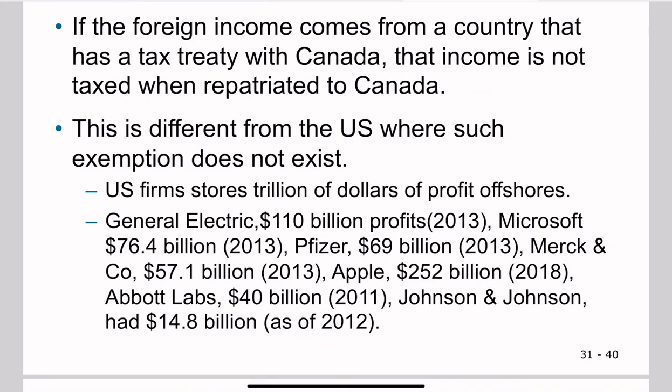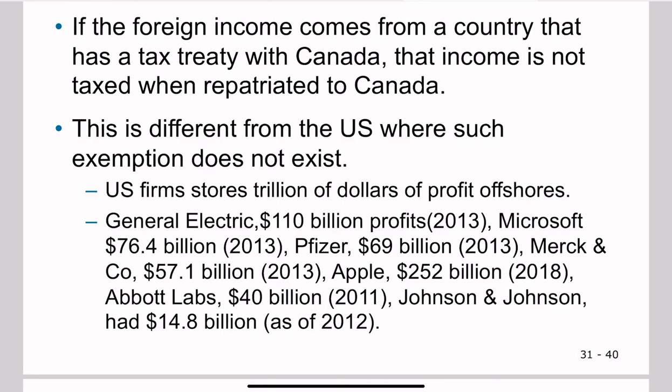So this basically means for a US firm, if it repatriates foreign income from a foreign country with a lower tax rate, it will still have to pay this higher US tax rate. So this will create enormous incentive for US firms to park their earnings offshores.